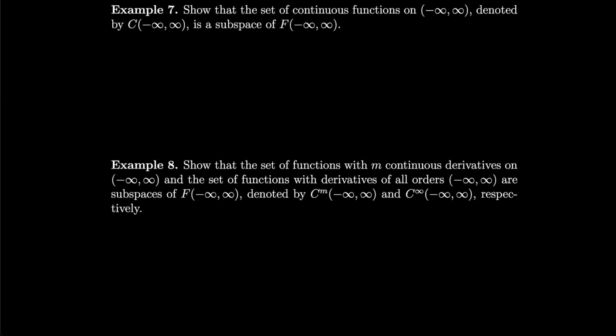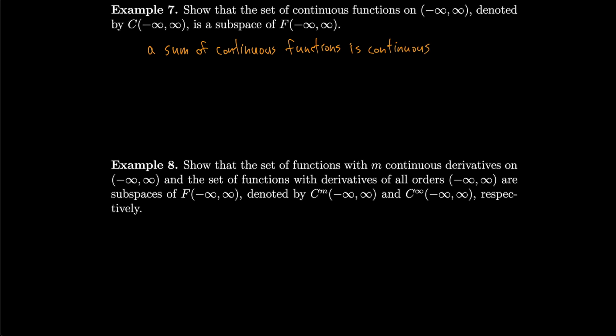Let's next show that the set of continuous functions on (-infinity, infinity), denoted by C(-infinity, infinity), is a subspace of F(-infinity, infinity), the set of functions in general. So first remember that a sum of continuous functions is continuous.